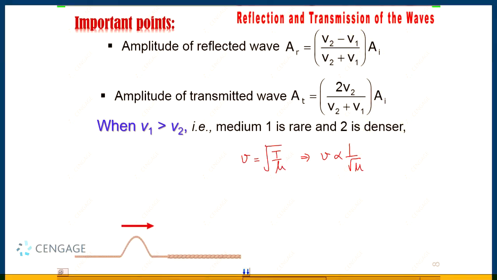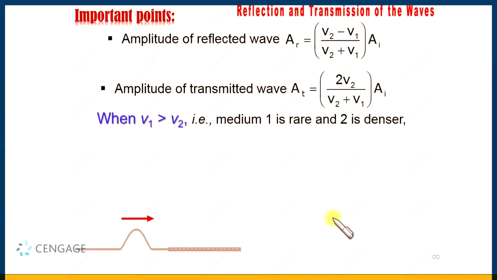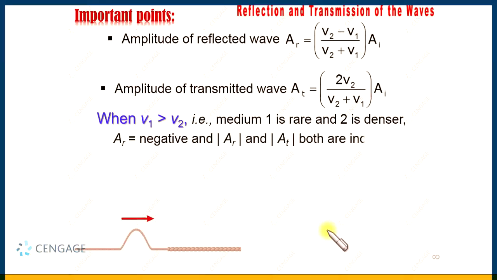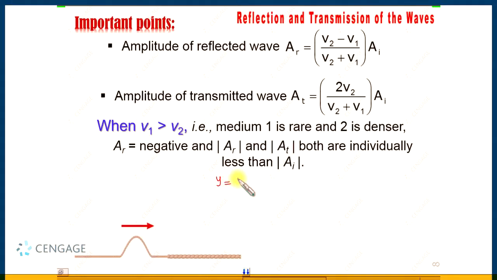that means the amplitude of the reflected wave will be negative. Magnitude wise it will be less than the incident wave amplitude. So now we can say that the reflected wave will have the negative sign. Negative sign means, suppose we have the wave equation like this, y equal to A sine(omega t minus kx).